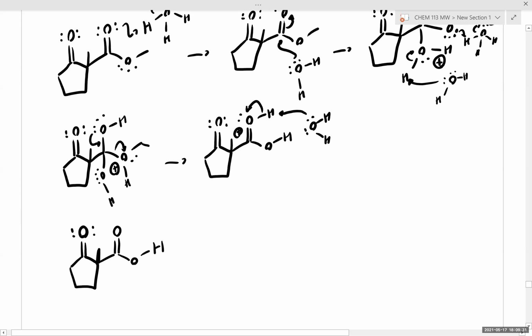Okay. Now from here, would anyone like to try and show the key decarboxylation step? Would anyone like to try to show and share an arrow pushing mechanism for this decarboxylation step?